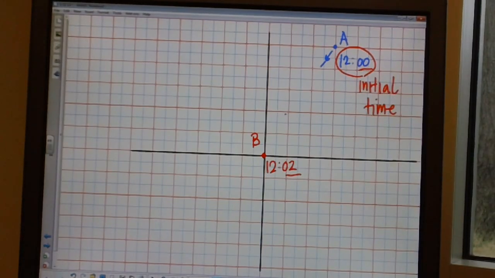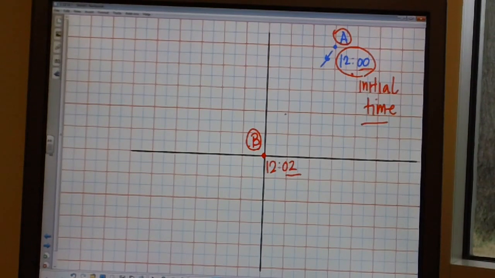I know the position of ship A at this initial time value, but I need to know the position of ship B at this initial time value. I know the position of ship B 2 minutes after this time, and I can use its velocity vector, which was given, to back it up 2 minutes so that I know its position at noon.